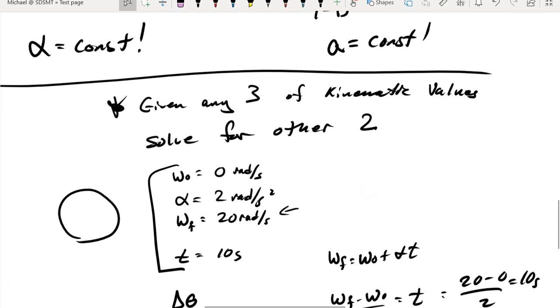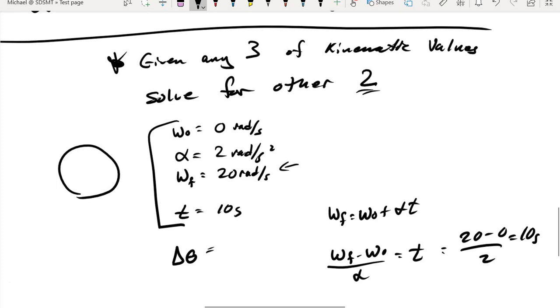Well, the next thing we may as well figure out is what is the other unknown in the system. So what is delta theta? What is the angular displacement that this wheel has spun through? Now I have 4 pieces of information available to me, but there's only room for 4 pieces of information in any given equation, and this is the one that I have to solve for, which means I can only use 3 of the information above.